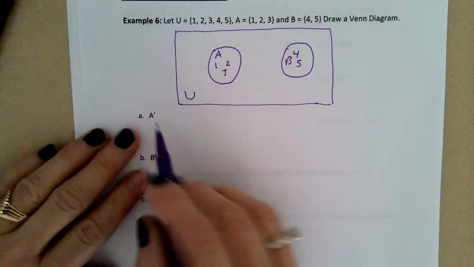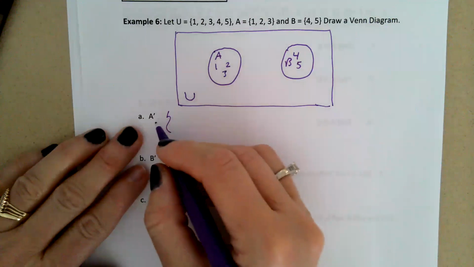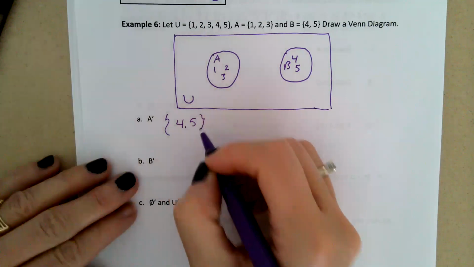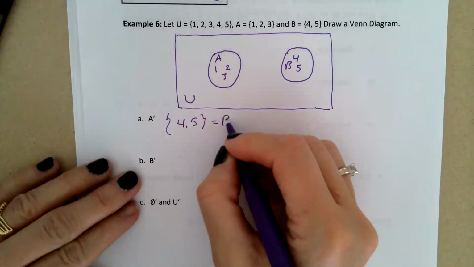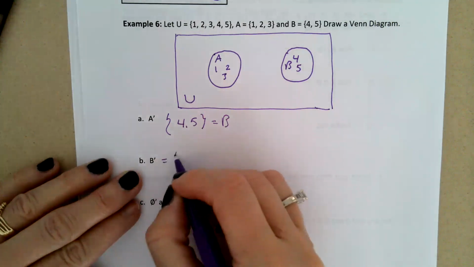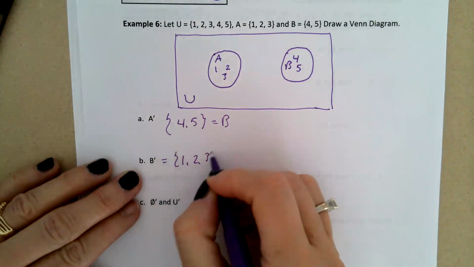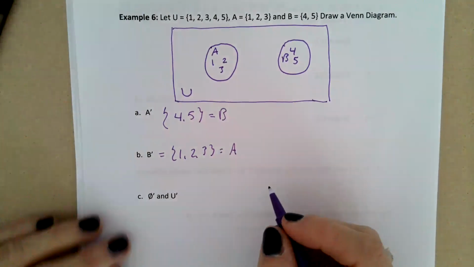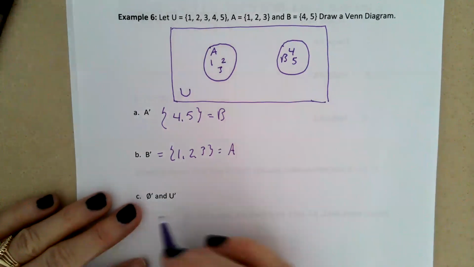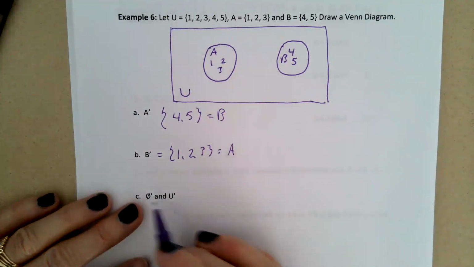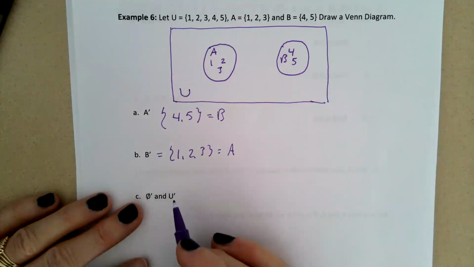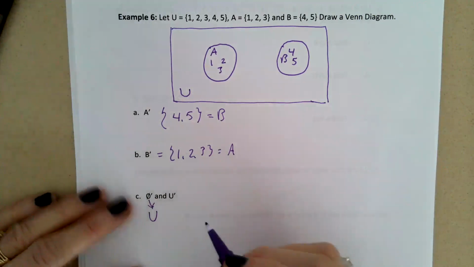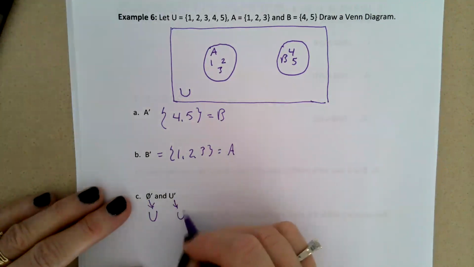And then it's asking us to list A prime. So everything that's not in A out of the universal. So that would be 4 and 5, which is B. And then everything that's not in B, which just happens to be A. And then everything that is not in the empty set and is not in U. Well, everything that's not in the empty set is U, and everything that's not in U is the empty set.